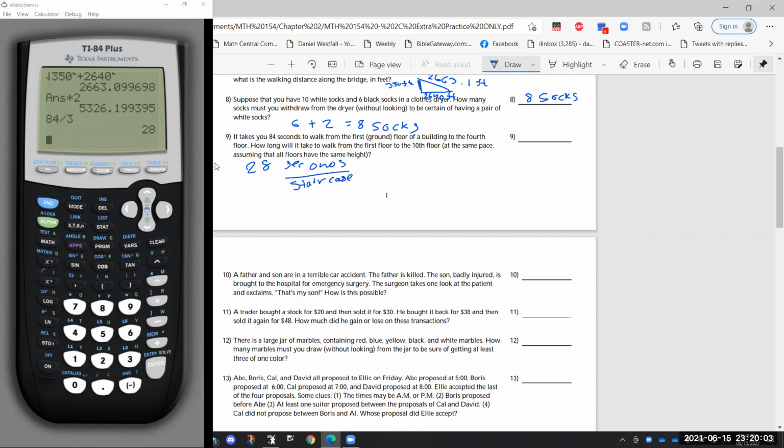Now, how many staircases do you need to go from the 1st floor to the 10th floor? You need to take 9 staircases. So 9 staircases, and this is going to be 28 times 9, which is 252 seconds.